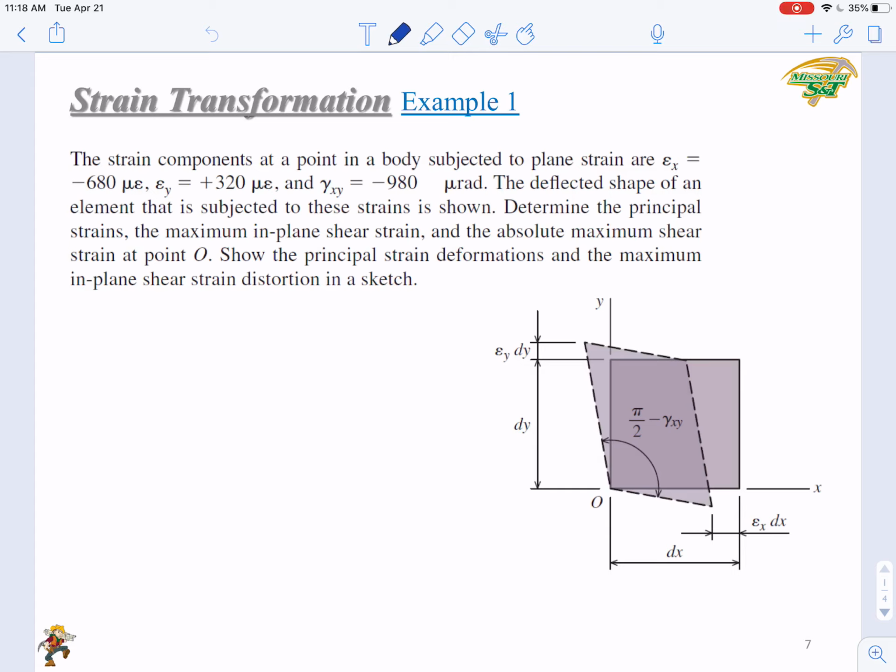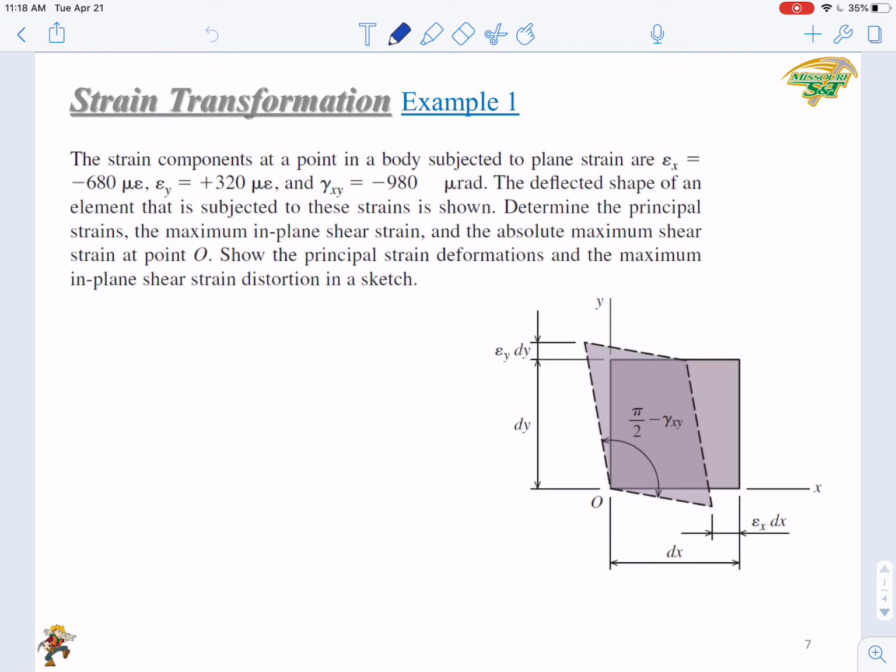We have these two different cases, so you can find out the absolute maximum shear stresses. So here we can use the same principles to find the absolute maximum shear strains at the point. I will show the details later. Then show the principal strain deformations and the maximum in-plane shear strain distortion in the sketch.